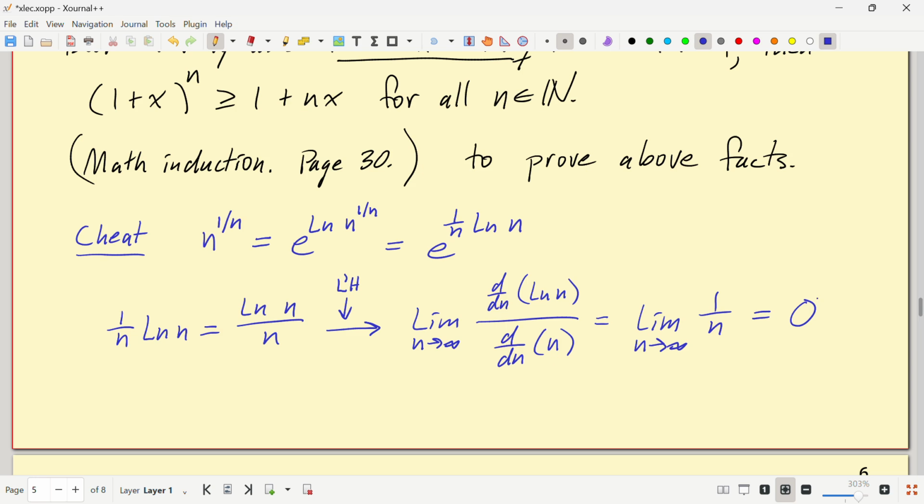And so this thing is going to tend to e to the 0 equals 1.